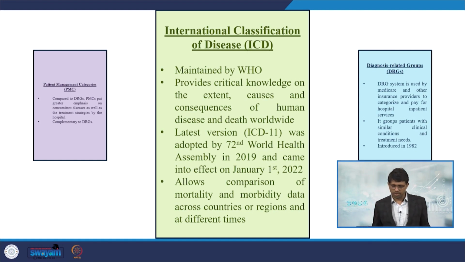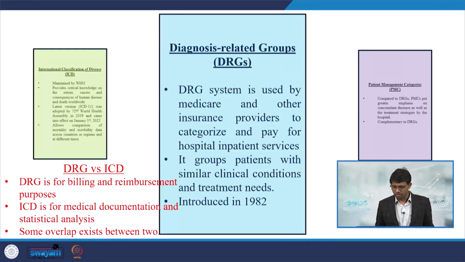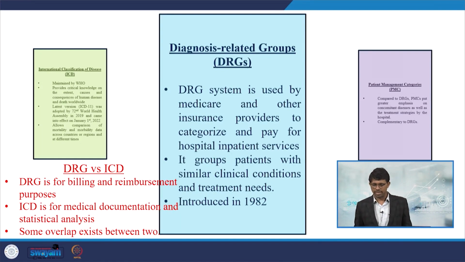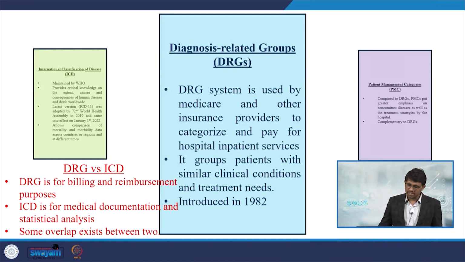Diagnosis related groups we refer to as DRG, and the other one we refer to as PMC, patient management categories. The DRG system is used by medical care and other insurance providers to categorize and pay for hospital inpatient services.